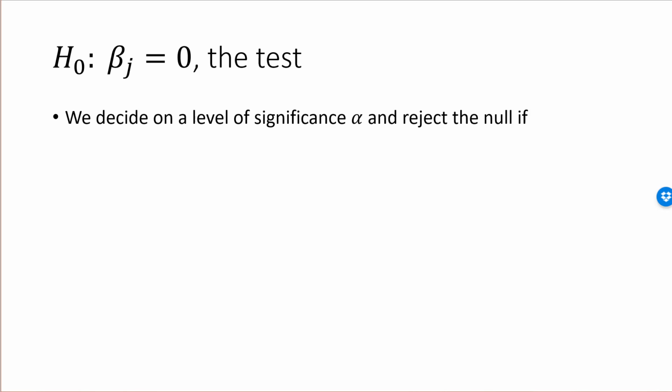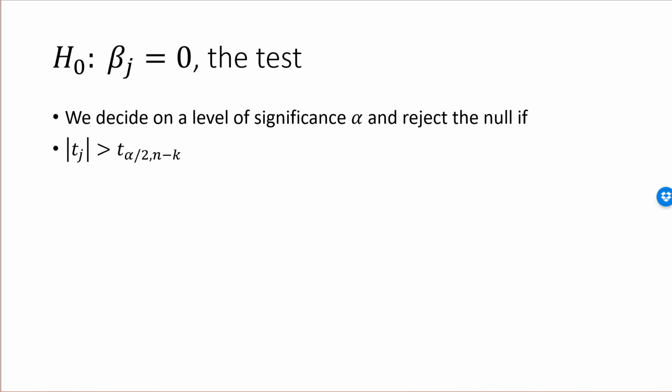Once we have determined a level of significance, we can find a critical value which determines if we are in the tail of the distribution or not, and the critical value is then t alpha half because we have two tails, and n minus k because that is the degrees of freedom for our t-statistic.